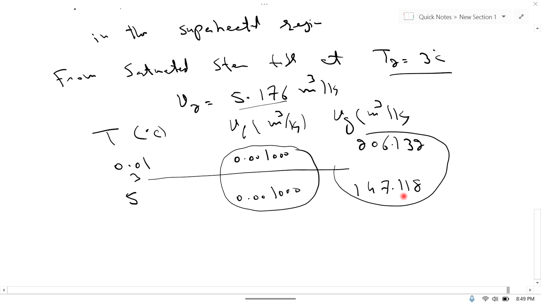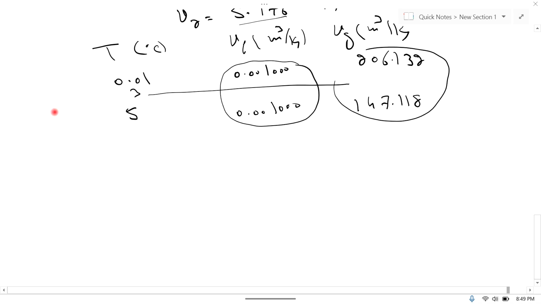It means that V2 is in the saturated region, as V2 is greater than the Vf values at 0.01 and 5, and less than the Vg values, 206 and 147.